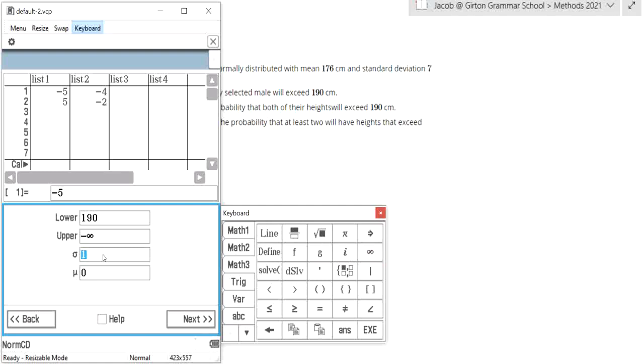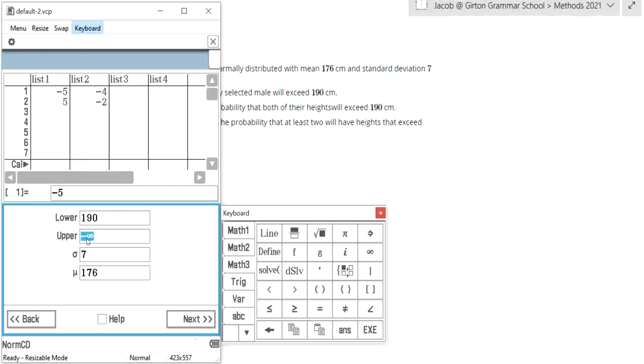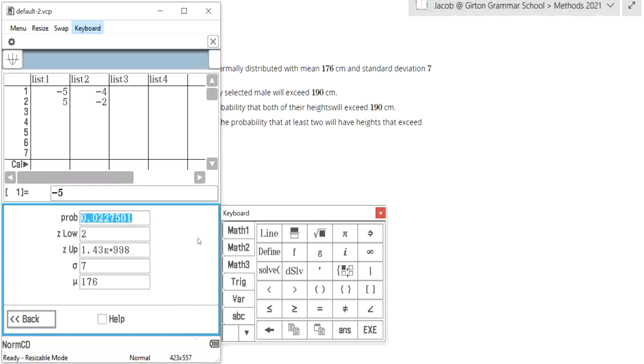The standard deviation is 7 and the mean is 176. Okay, so that gives me a probability of 0.227, 0.228.